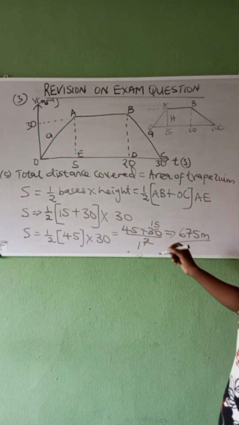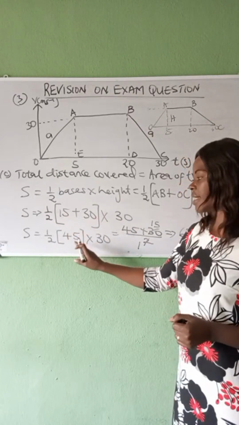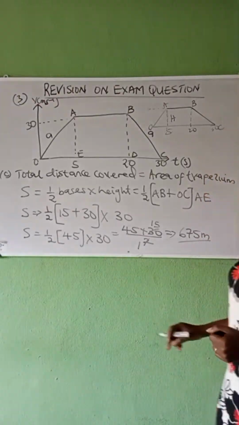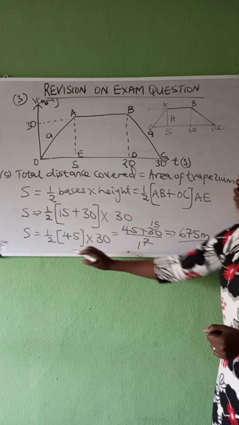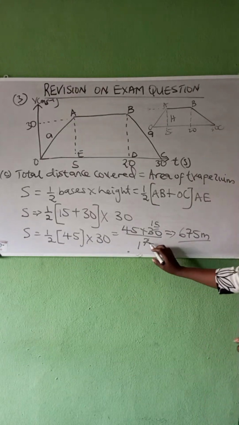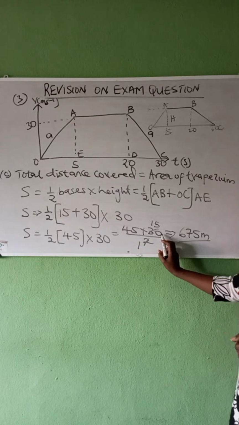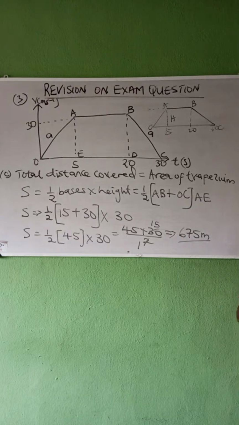Is that clear? So I'll say half bracket 15 plus 30, that is 45, multiplied by 30, right? Multiplied by 30 divided by 2. If 2 divides itself 1 and divide 30 to be 15, by the time you multiply, the answer becomes 675 meters. Is that clear? Right.